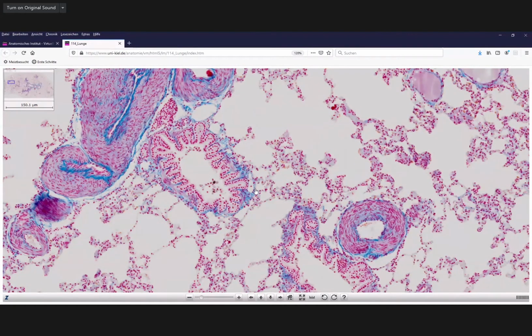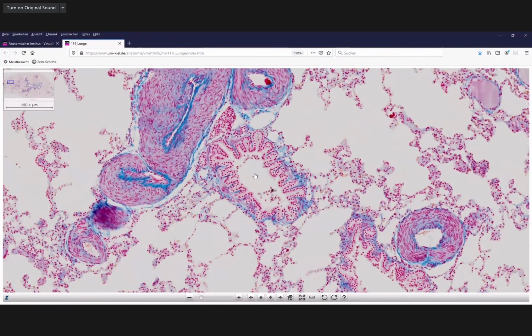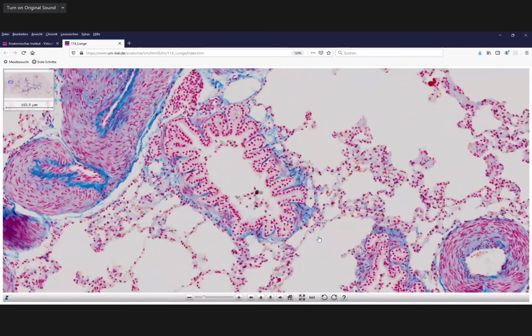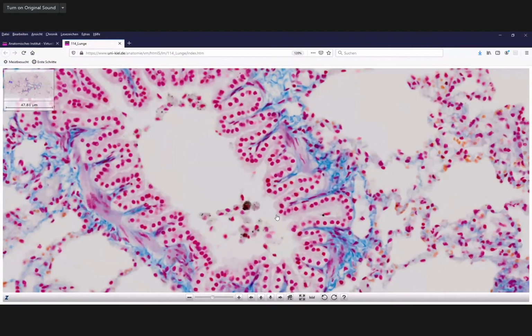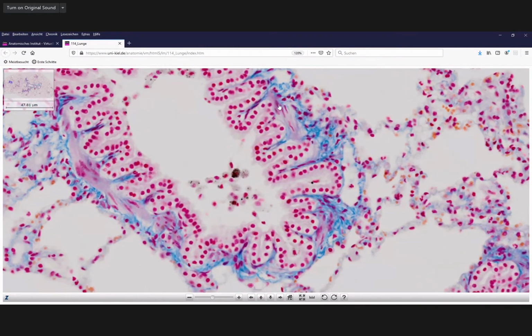Here you can see a very nice typical more distal bronchiole with a nice cuboidal epithelium and with club cells. I think now everyone can get the idea why they have their name. And you still have some smooth muscle tissue, which is also a typical feature of a bronchiole.